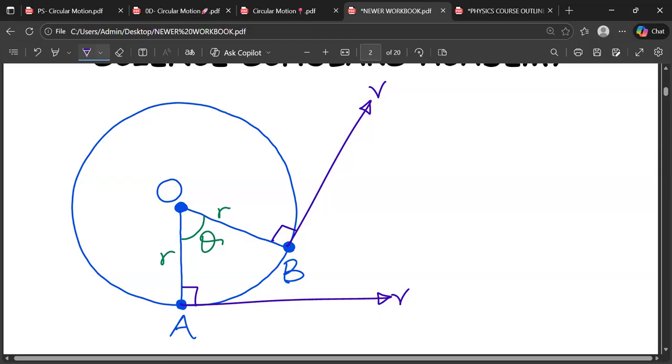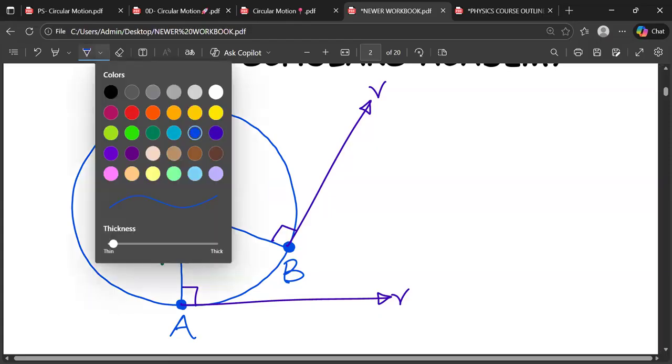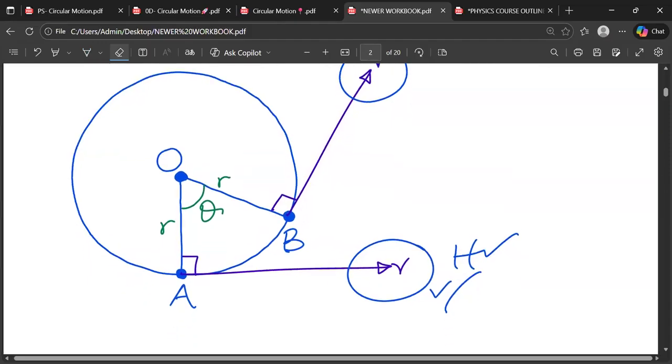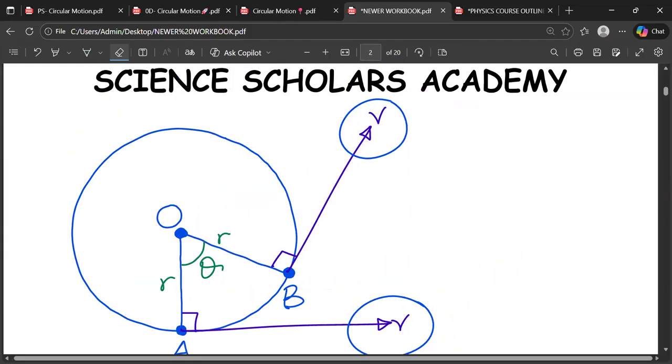But this one at point B is at an angle with the horizontal. That means it has both the horizontal component and the vertical component. So we are going to show them.